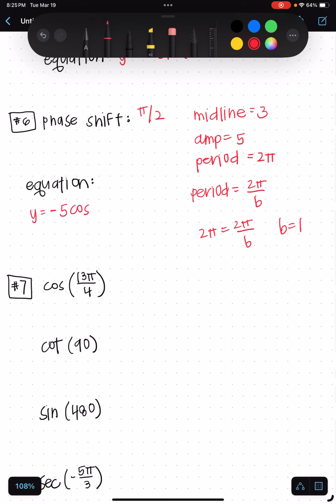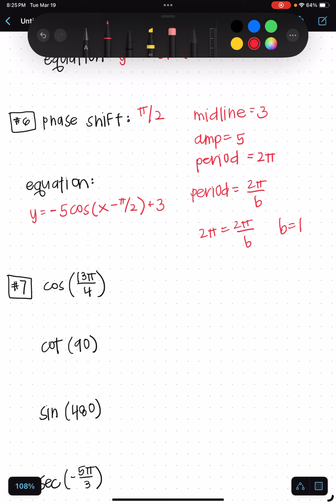And then cosine, your period is 2 pi, so that b is 1, so we can say 1x, or you can just say x. Your phase shift is pi halves, which means we're going to say minus pi halves because you want pi halves to the right. And then you say plus 3 because your midline is at positive 3. That should be your answer. Okay, so that's your answer.